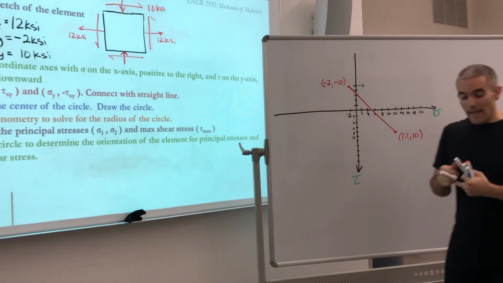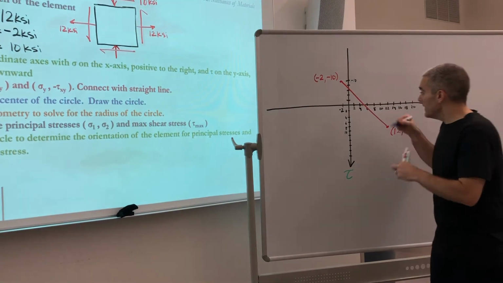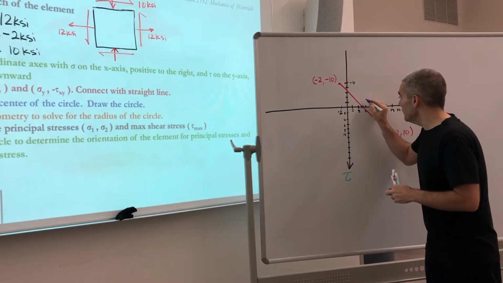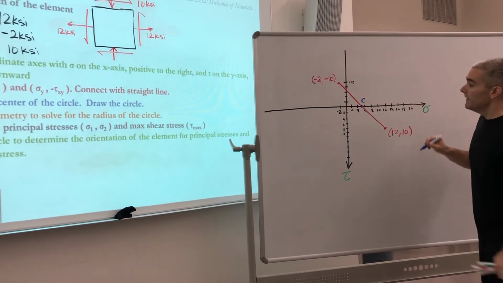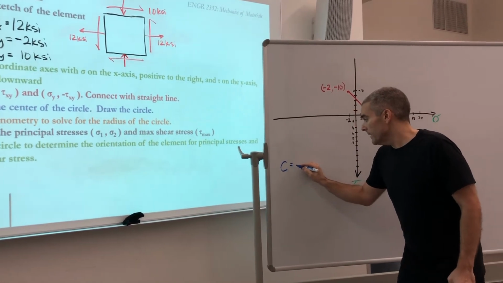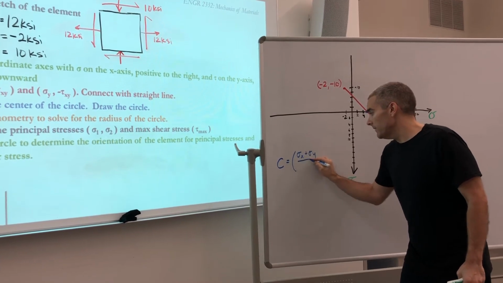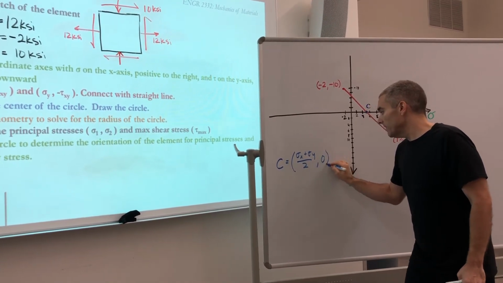Step 4, we solve for the center of the circle. The center of the circle is right here. And we said that the center is equal to sigma x plus sigma y over 2, comma 0.